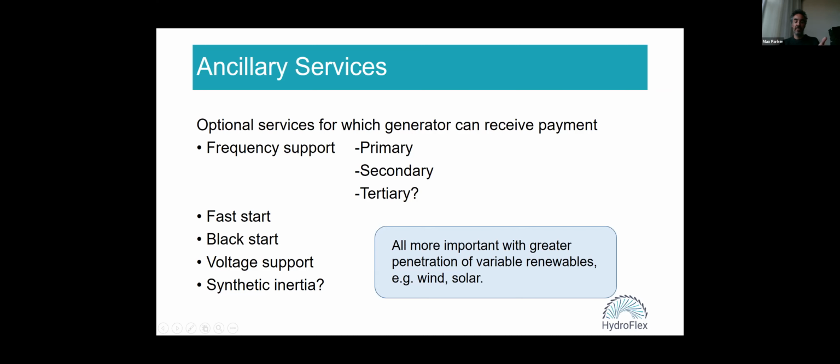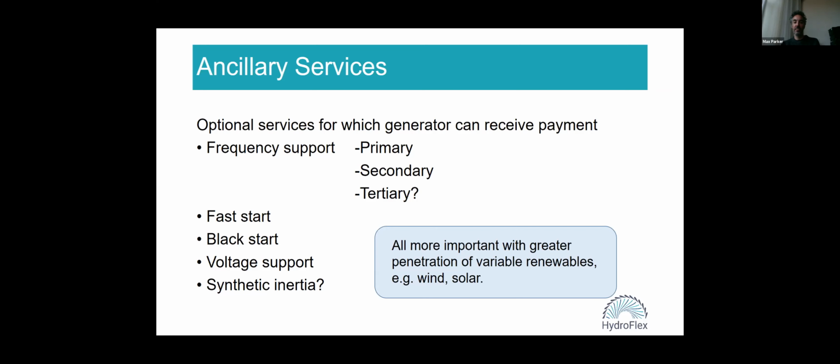Voltage support, that's provision of reactive power to support the voltage, could be mandatory. And finally, possibly synthetic inertia. It's not really an ancillary service at the moment, but it's something that may be introduced by some operators in the future.